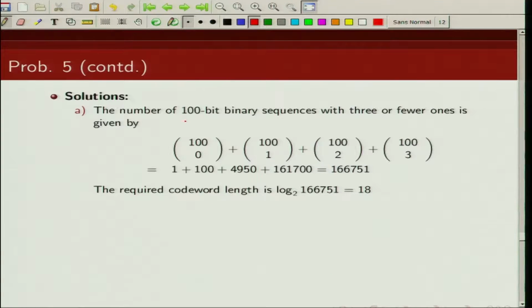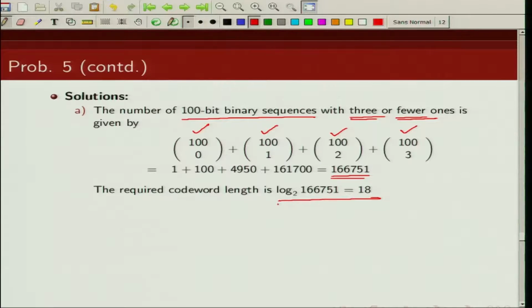So remember, we are considering these binary sequences 100 bits at a time. So what is the number of such sequences which have 3 or fewer ones? This is the number of sequences which have all zeros, this is the number of sequences which have 1 one, this is the number of sequences of length 100 which have 2 ones, and these are the number of sequences of length 100 which have 3 ones. So this total comes out to be this.